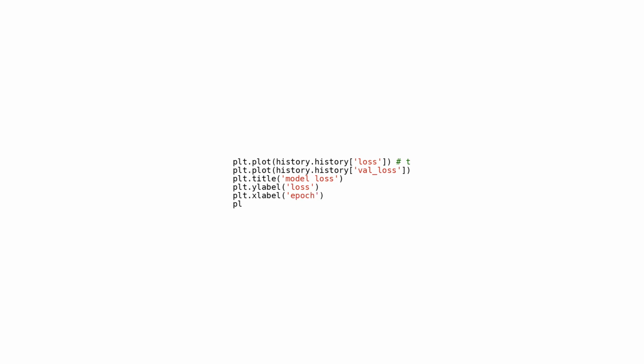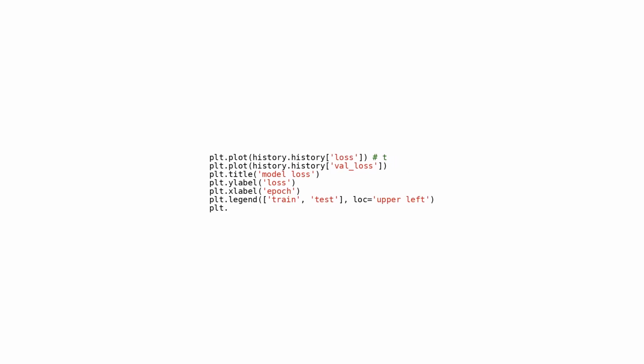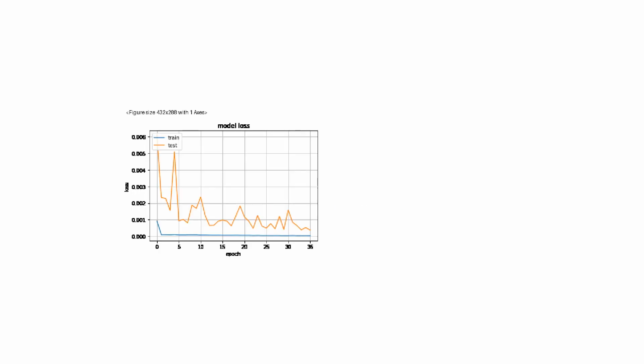The title command names the graph as model loss, and ylabel and xlabel label the y-axis and x-axis as loss and epoch, respectively. A legend adds a legend to the graph with labels train and test, and it appears in the upper left corner. Finally, show displays the graph. This graph can help in evaluating the model's learning progress and identifying if it is overfitting or underfitting the training data as the epochs advance.